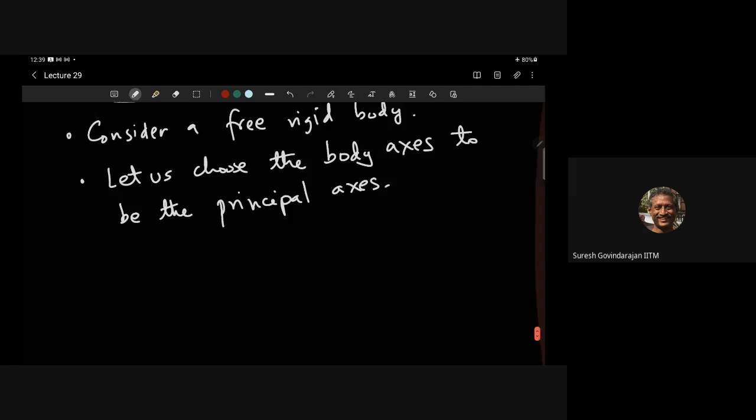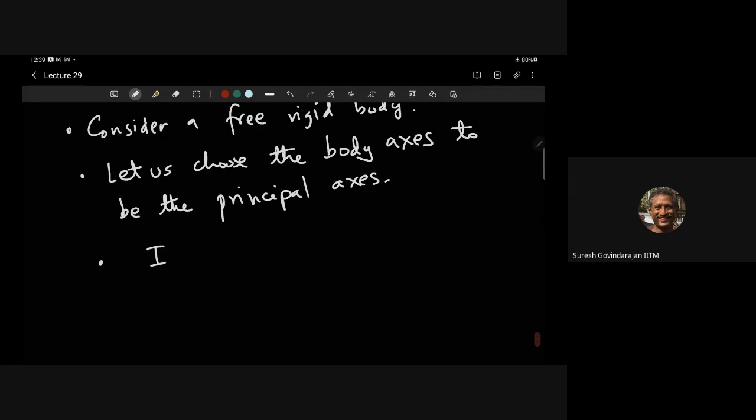And further, let's assume that we have the following inequality.